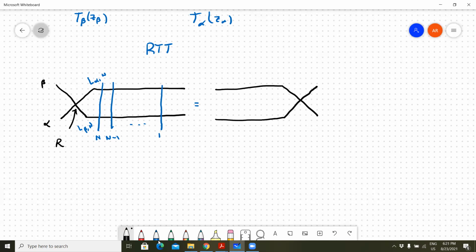Schematically, it just means you are passing these lines one by one through, using RLL. And then you get this.